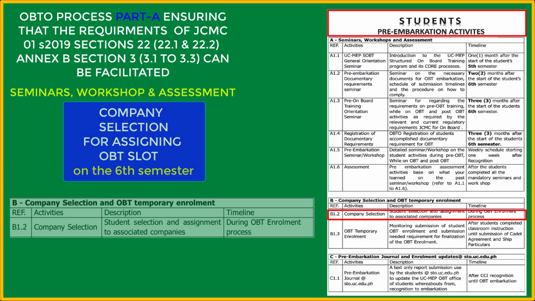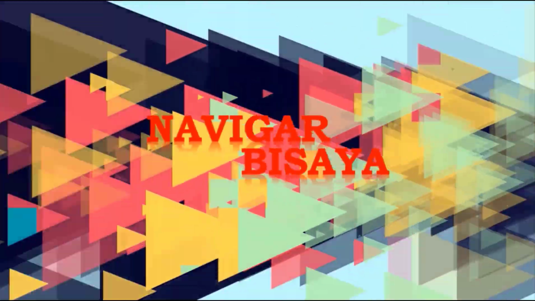Then activity 7, company selection. In this activity, the student will select a company for onboard training. The company selection. In this activity, the student will select a company for their OBT slot assignment.